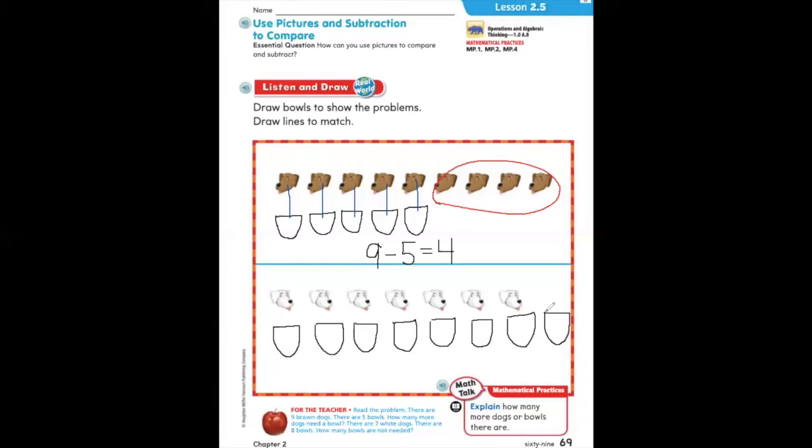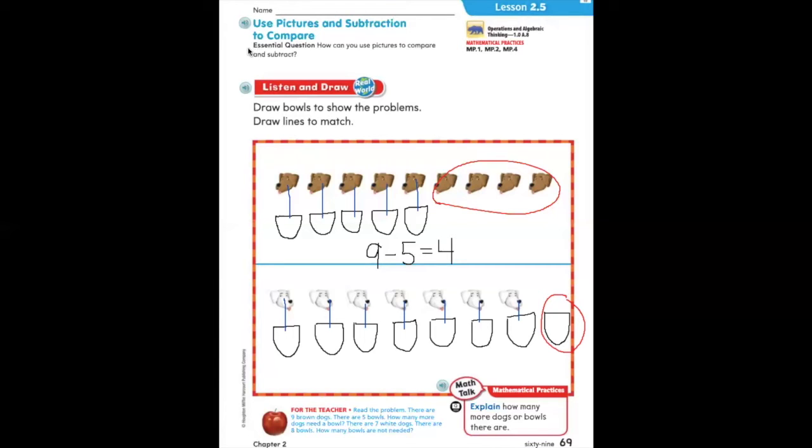Now let's draw lines to match the bowls 1 to 1, just like we did in our first math story. How can we tell how many bowls are not needed? We can count the number of bowls that do not have a match. 1.